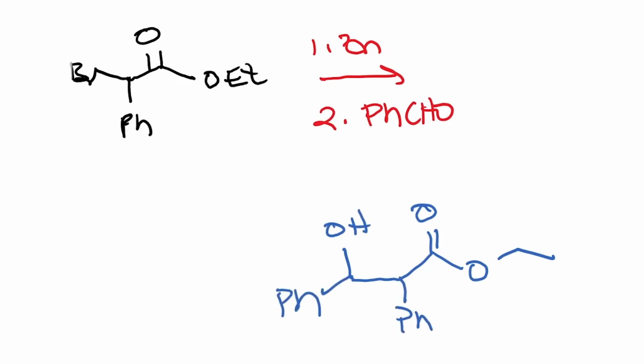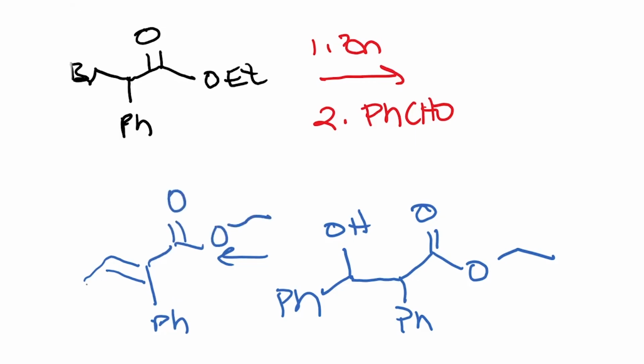So of course this can subsequently eliminate to give you the ester, right, and you might even end up with a mixture of cis and trans isomers.